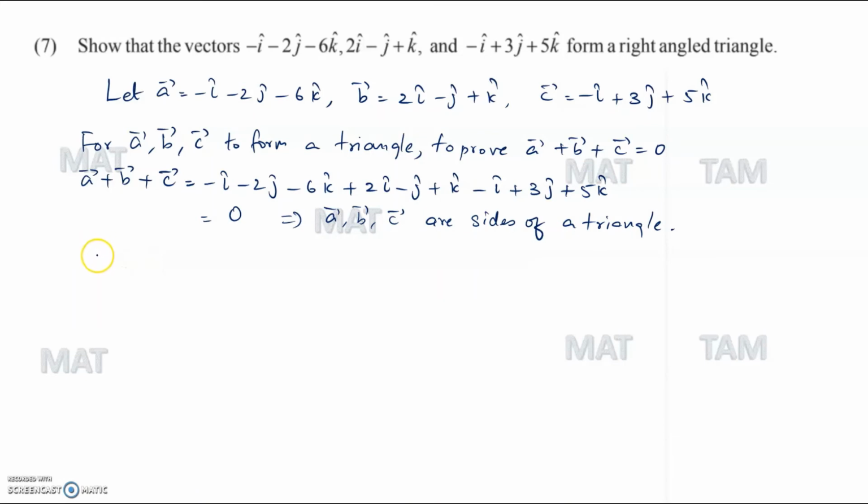Next, let's prove that any of the two sides' dot product is equal to 0.